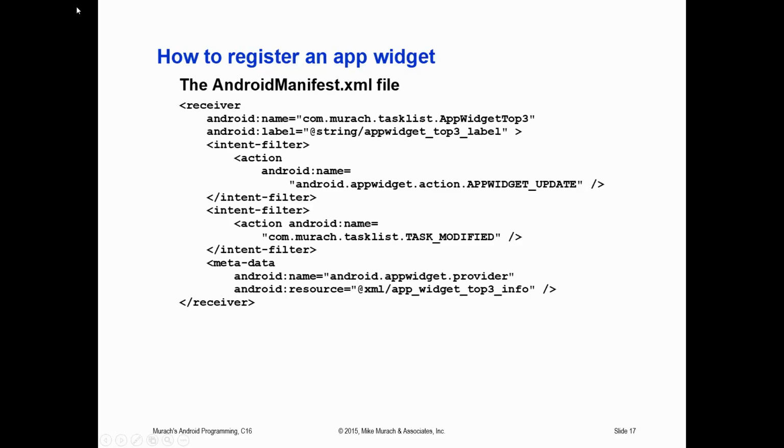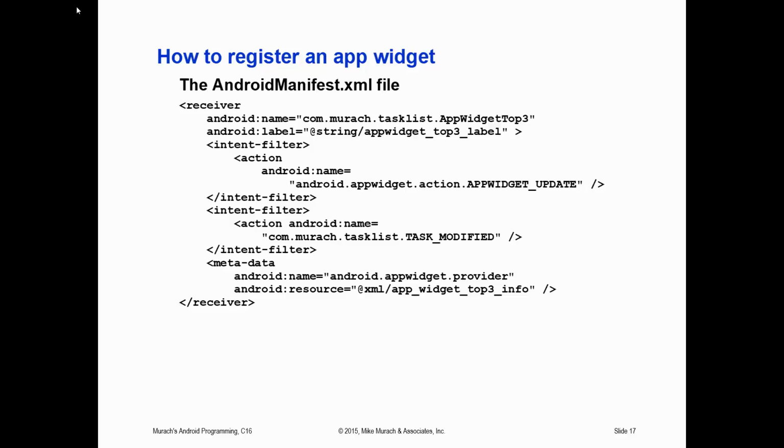And as typically happens, when you want to register something, you add that kind of element, in this case a receiver element, to the AndroidManifest.xml file, as shown in figure 16.6 on pages 516 and 517, and also on the slide here.